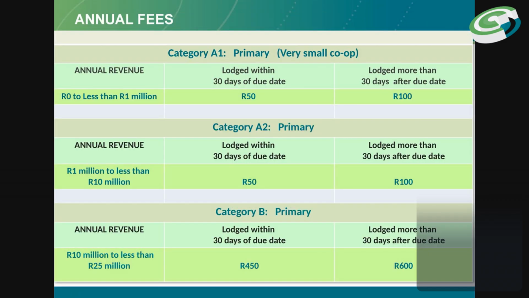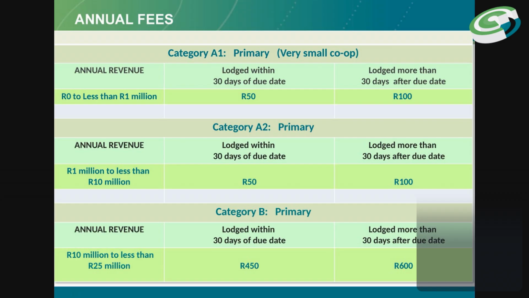Moving on, we have annual fees as determined by the Act, also published in the regulation. For category A1 primary, that is referring to very small cooperatives, the annual revenue or the turnover is from 0 to less than 1 million. If the cooperative lodges their annual return within 30 days from the due date, they will pay 50 Rand.